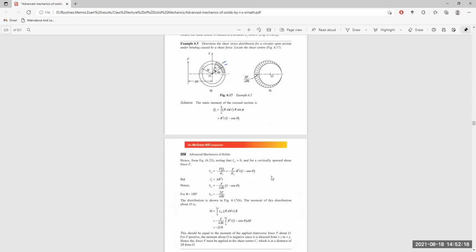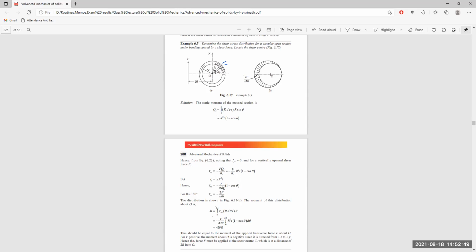As we know Qz, then Iz, and the vertical force, tau xy equals F Qz divided by t into Iz, equal to minus F by Iz into R square t into 1 minus cos theta itself, where Iz is equal to pi R cube t.